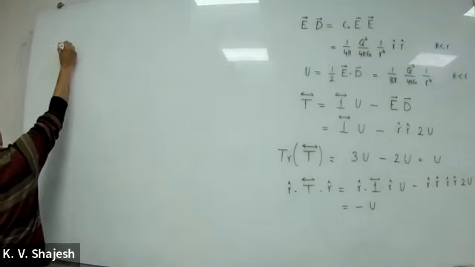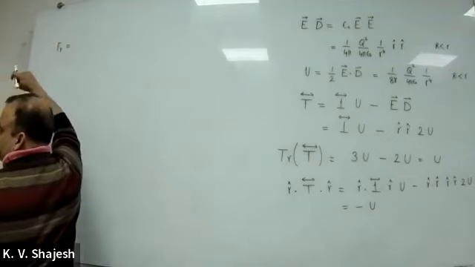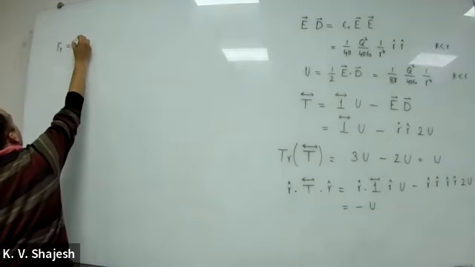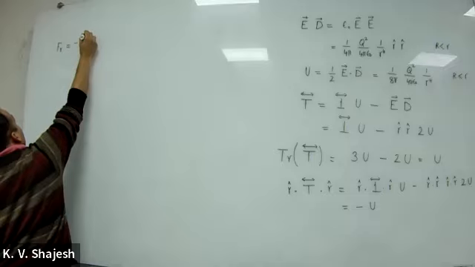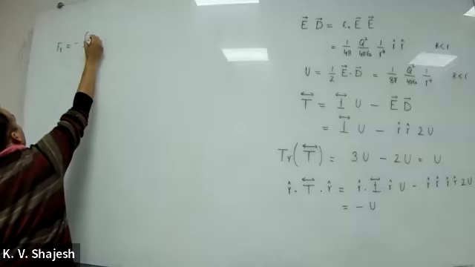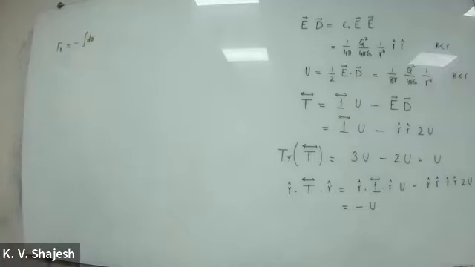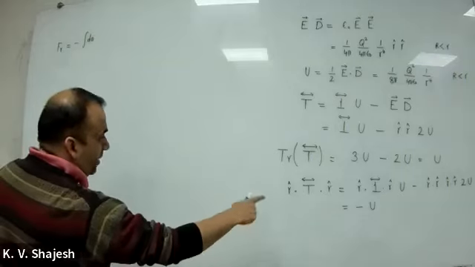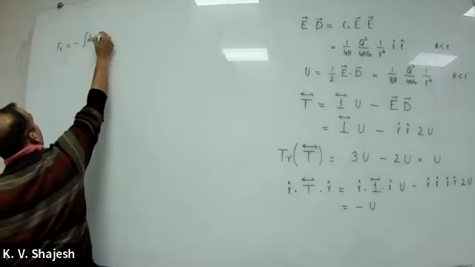Radial F_r is equal to minus a surface integral. That's basically we're doing this on the surface of a sphere which has a radius of R, dotted with P, and that's minus of U.